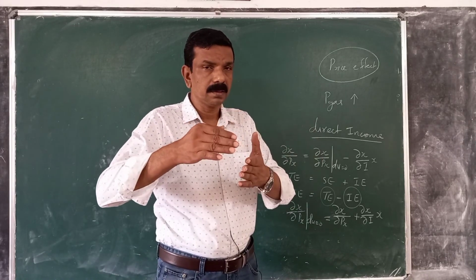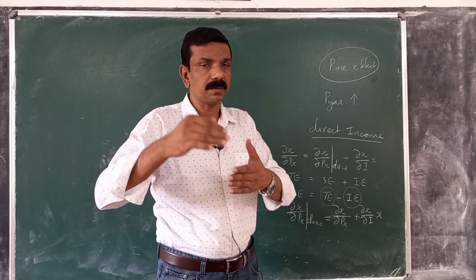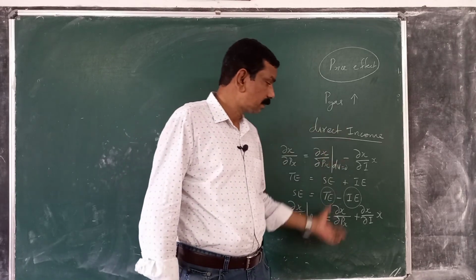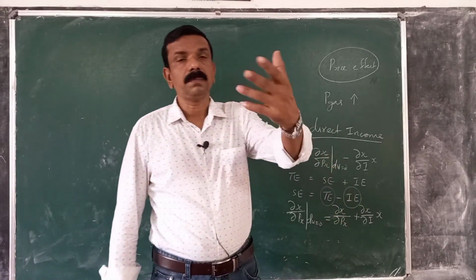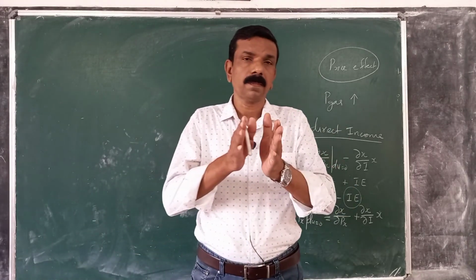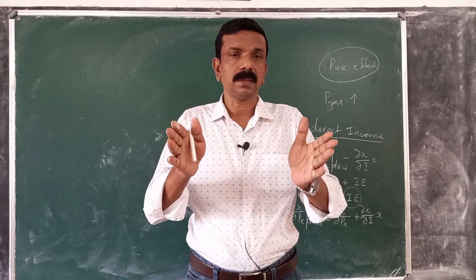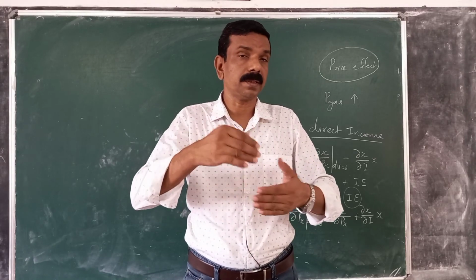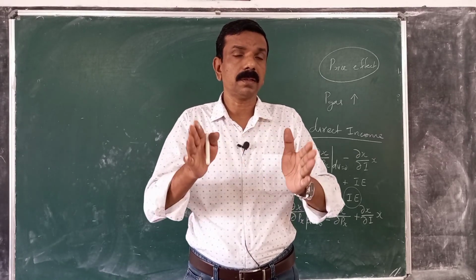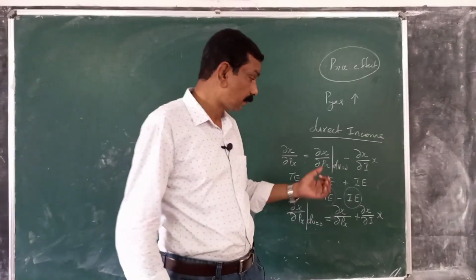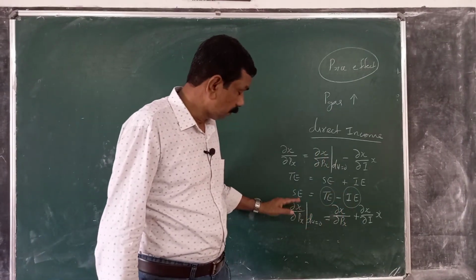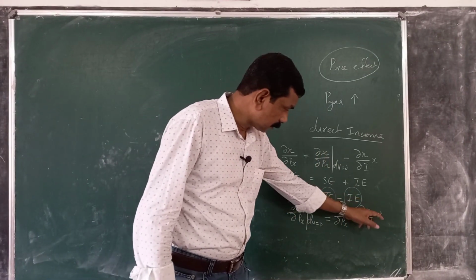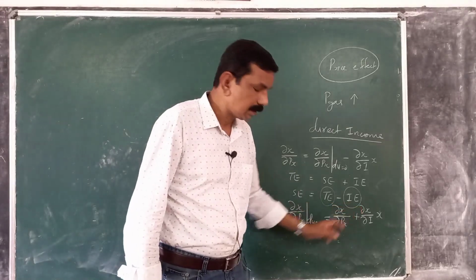Then we have the effect of a price change on purchase, and this can be compensated so that the consumer's satisfaction will remain the same. So compensated price change is very important in the real world. For calculating this, we use this form of Slutsky's equation.